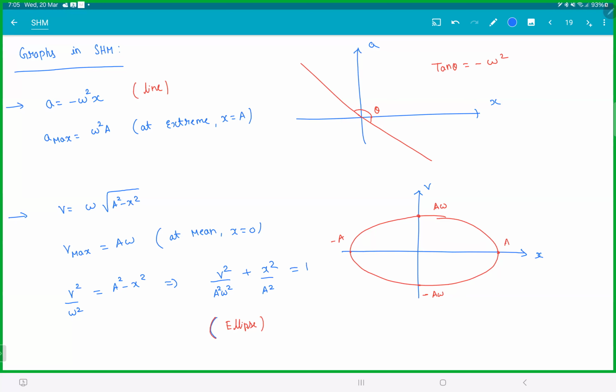Next thing. If you try to plot a graph between A and V, we know V is equal to omega root over A square minus X square. So I can write this thing as V square, omega square, A square minus omega square X square. What is X? A square by omega power 4.